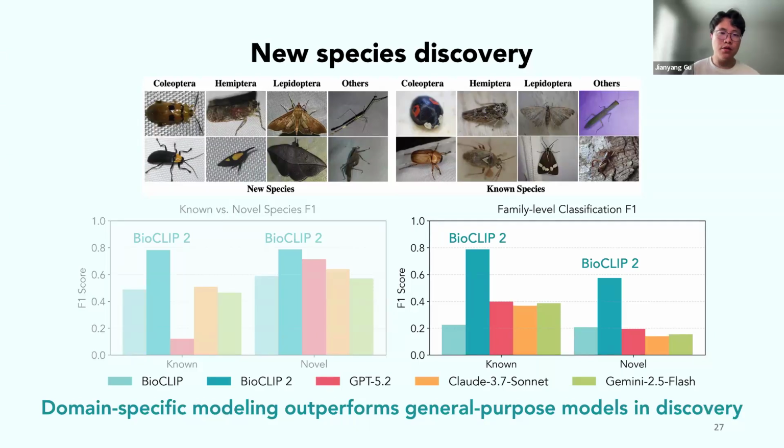That means given an image of a potentially new species, BioClip 2 can very reliably provide some highly possible family labels, and these will largely reduce the workload of scientists because they can mainly focus on the suggested families.